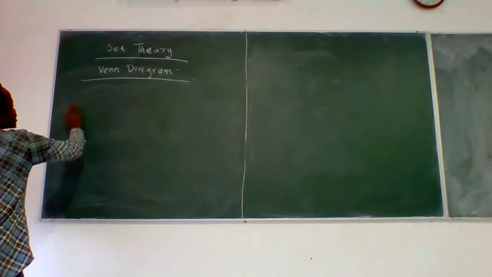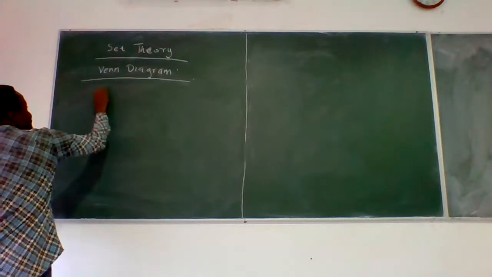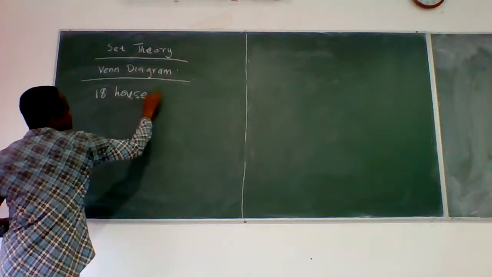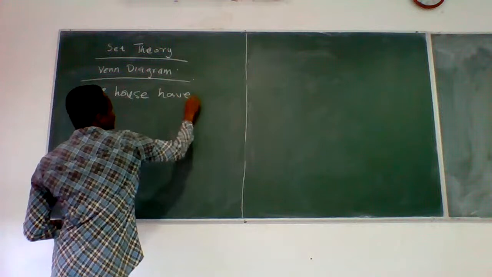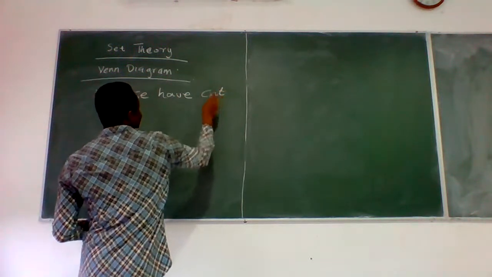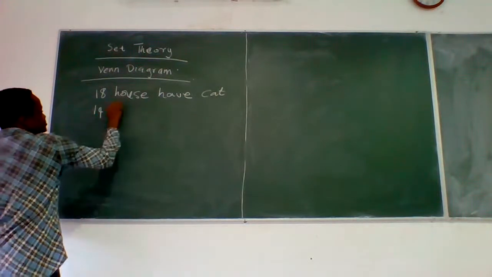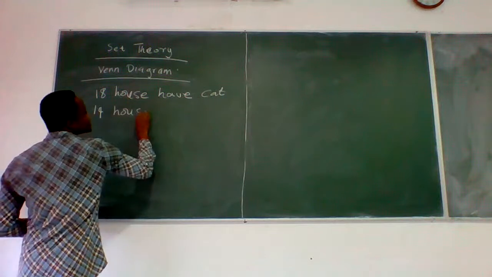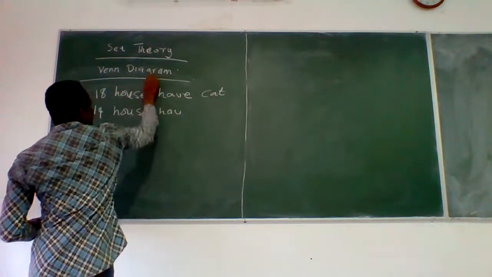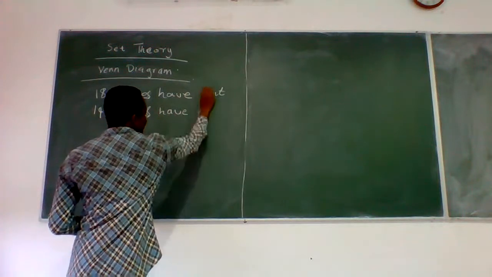I've realized that in 18 houses have cats. And then let's say 14 houses have a dog, at least a dog.